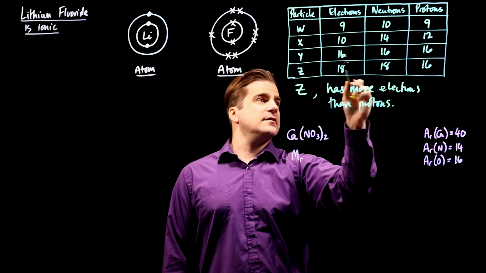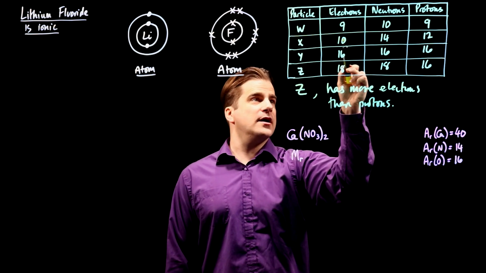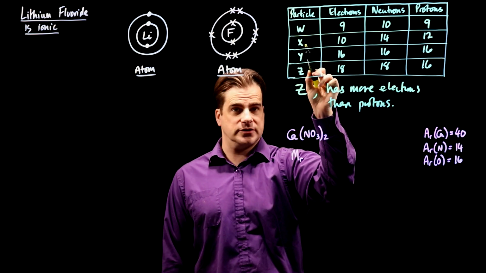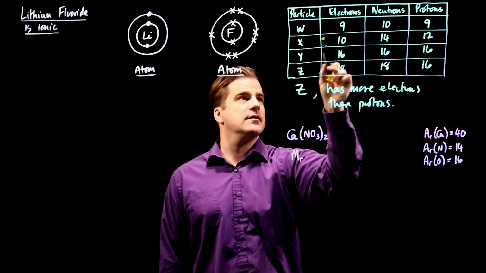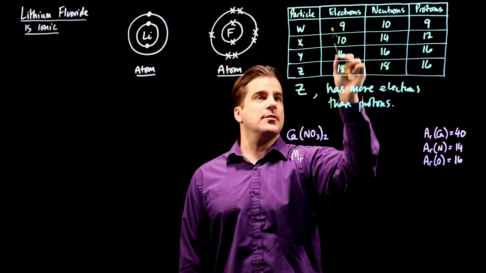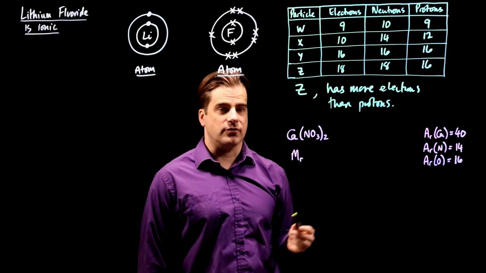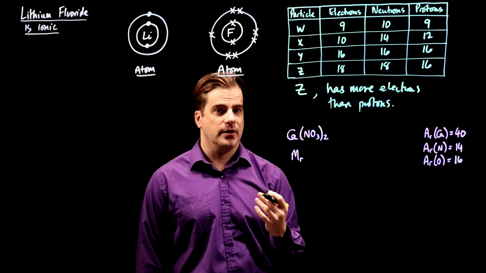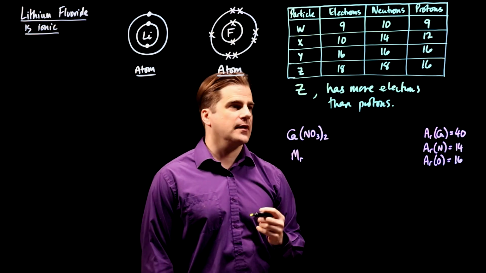The others have fewer electrons than protons, so X will have a positive charge. It will be a positive ion, and W and Y are the same number, so they'll be neutral. They're not ions. An ion is a charged particle, whether it's positive or negative. Okay.